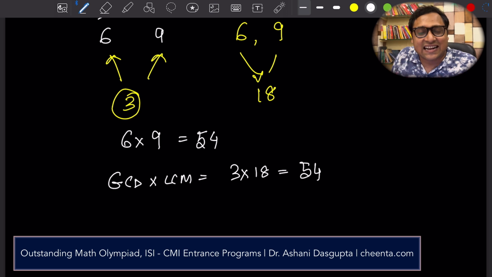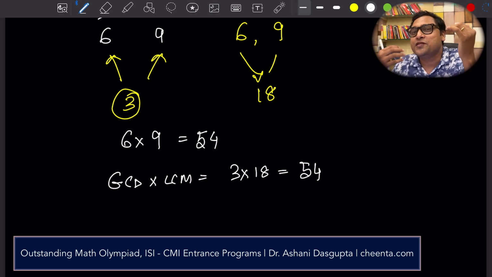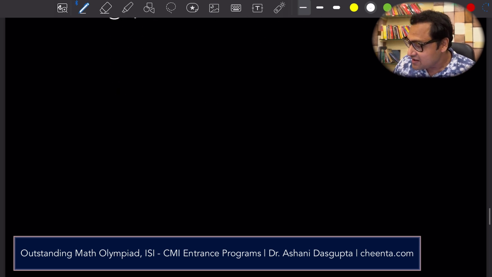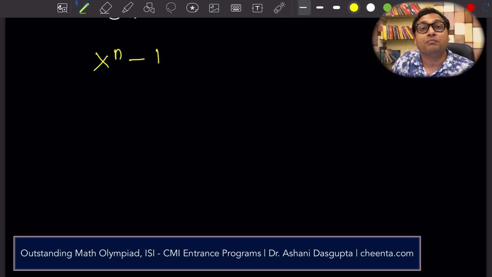Is this an accident or will it always happen? Think about it. It's a very simple question. If you have not seen it before, it gives you an opportunity to think. GCD and LCM are extensively used in creating interesting problems in elementary number theory. Finally, for this first revision session, I want to talk about x to the power n minus 1.